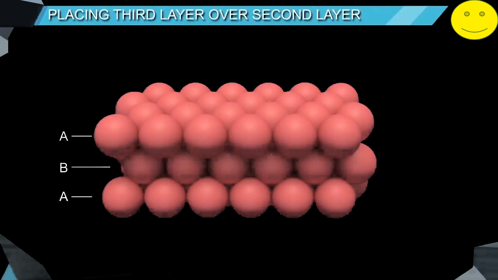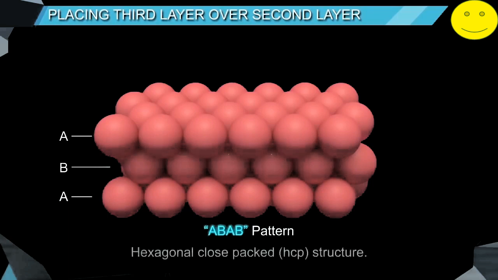As the pattern of spheres is repeated alternately in every other layer, this pattern is known as AB-AB type of pattern, and the structure formed is known as hexagonal close packed, HCP, structure.